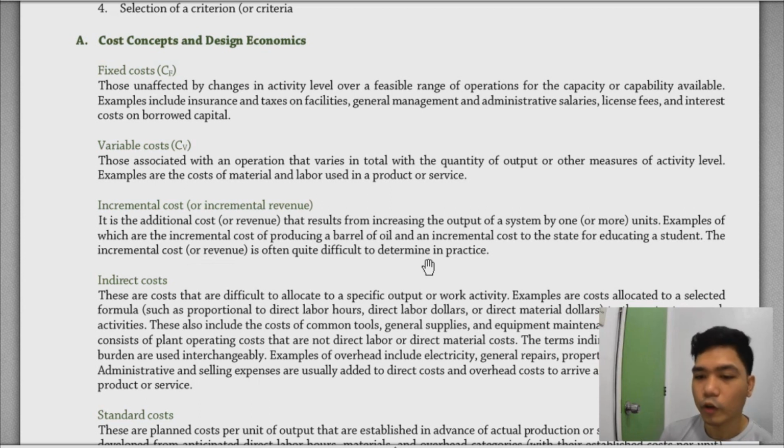But if we're talking about change, we can always say that that should be a variable cost. That is one of the reasons why this incremental cost is very difficult to determine, because usually engineers will always confuse this with variable costs.